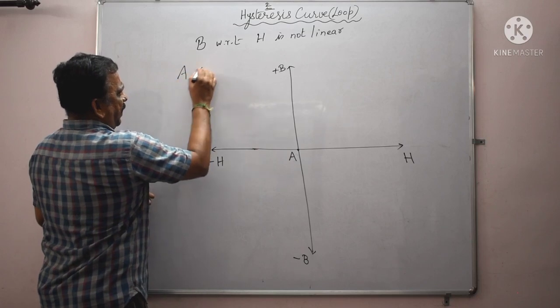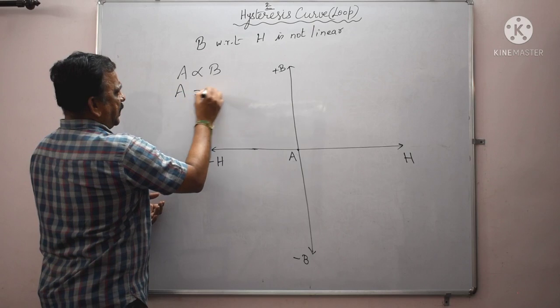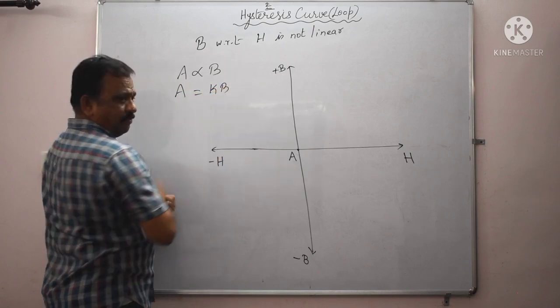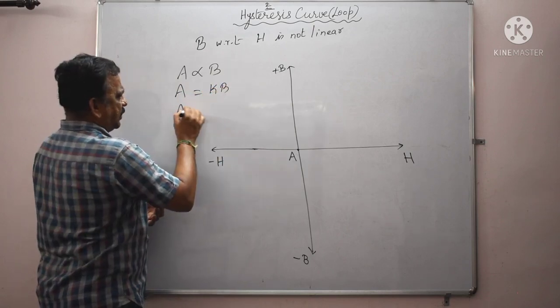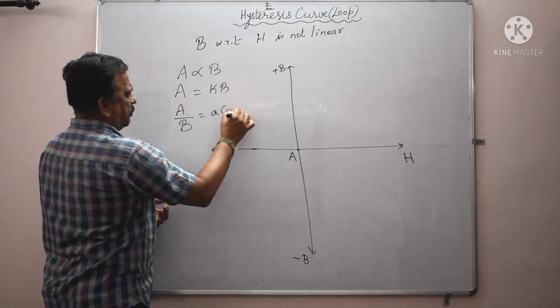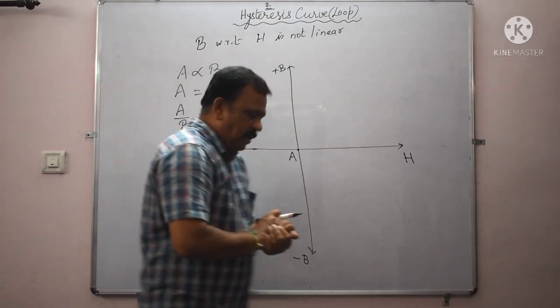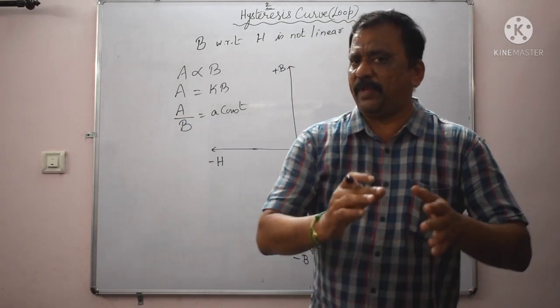For example, if A is proportional to B, then I can write A is equal to some constant times B. And if I bring B to the left hand side, I can say A by B is equal to K, where K is a constant. So whenever A is proportional to B, ultimately I can say the ratio of A to B will always be a constant.